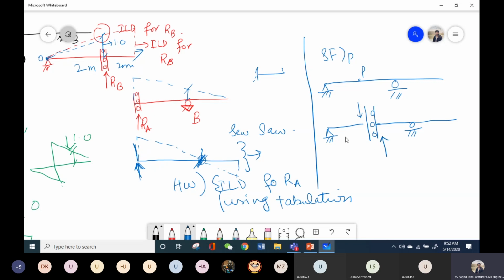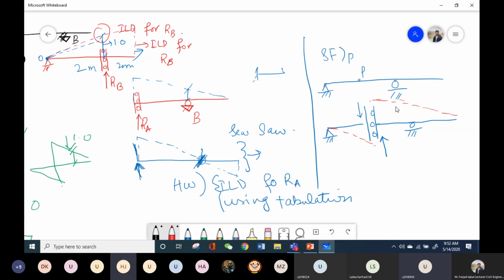Okay, so how will my beam deflect? How will this part deflect? Will it move up or will it move down? Downwards. It will move downwards, right? And what about this one? Upwards. Upwards, like this? Yes, sir.